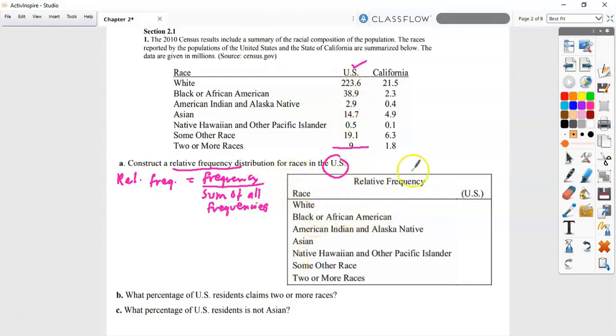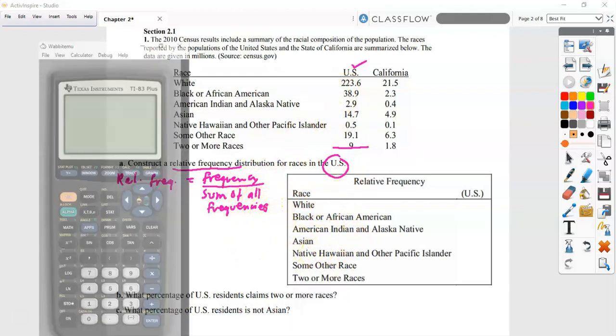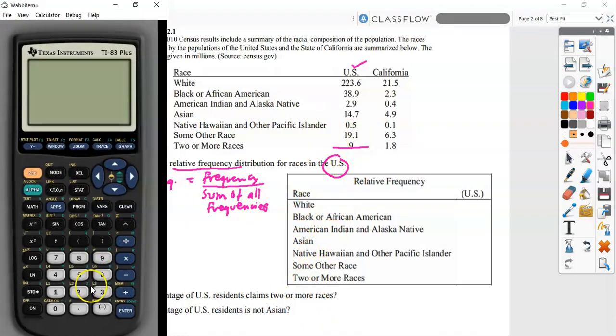So I have this pre-made table up here. So all we need to do is to use the frequency and divide it by the sum of all the frequencies. So we're going to use a calculator here to find quickly our total. So I'm going to add this all up. We got 223.6 plus 38.9. Remember, these are all in millions.